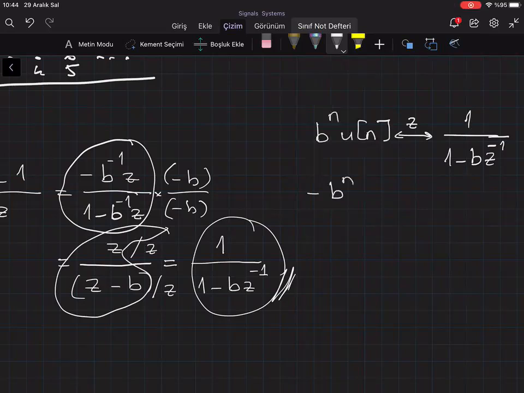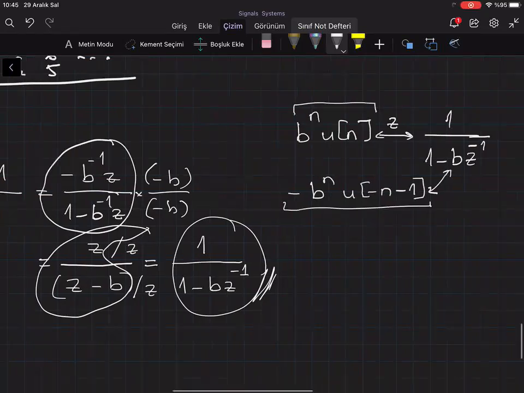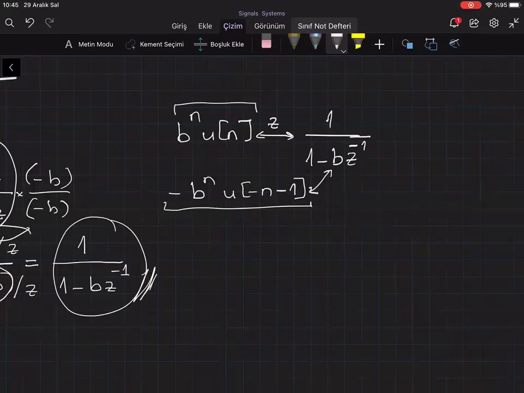Minus b to the power n u[minus n minus 1]. Same thing. This one is a right-sided sequence. This one is a left-sided sequence. They have the same z transform, but what is different in them?